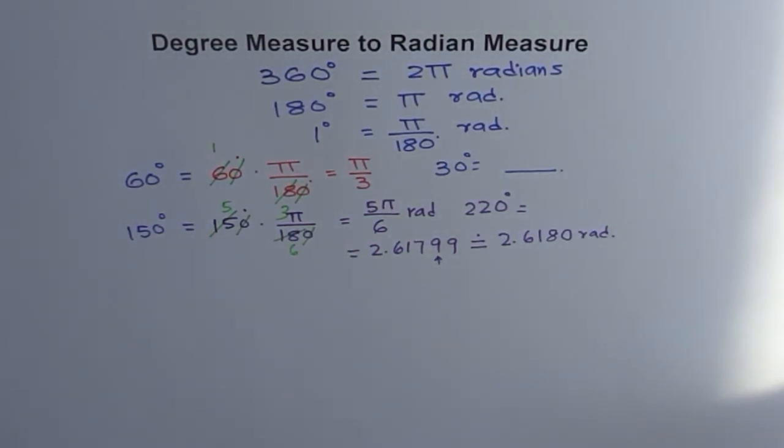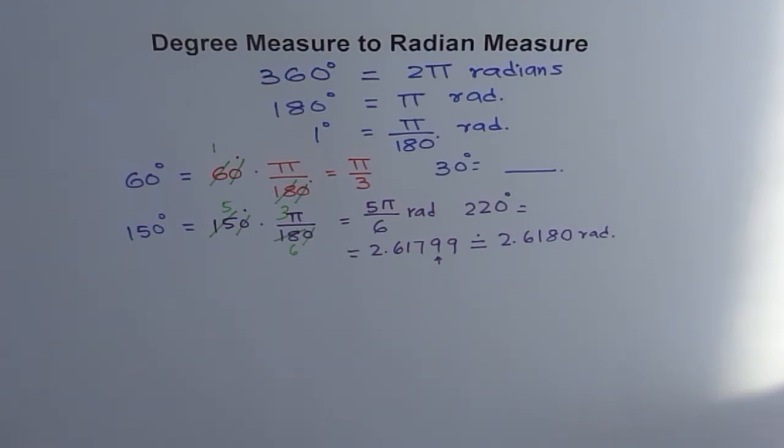Okay. At times you may be expected to write down the answer to decimal places. In that case, use your calculator and round it to the required decimal places, right?